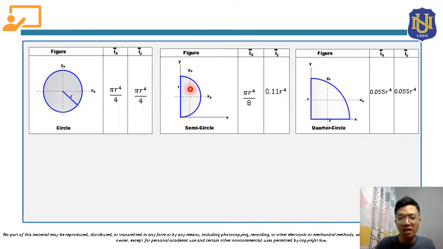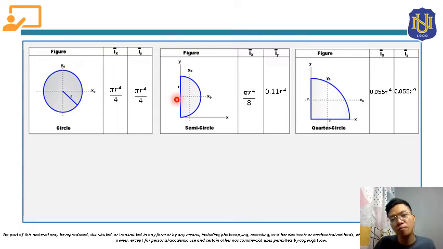Now for a semicircle, this is our semicircle. This is the orientation of the semicircle for these established centroidal moments of inertia. For this semicircle, its centroid will be somewhere here. Its x centroidal axis will be here, and the y centroidal axis will be here.